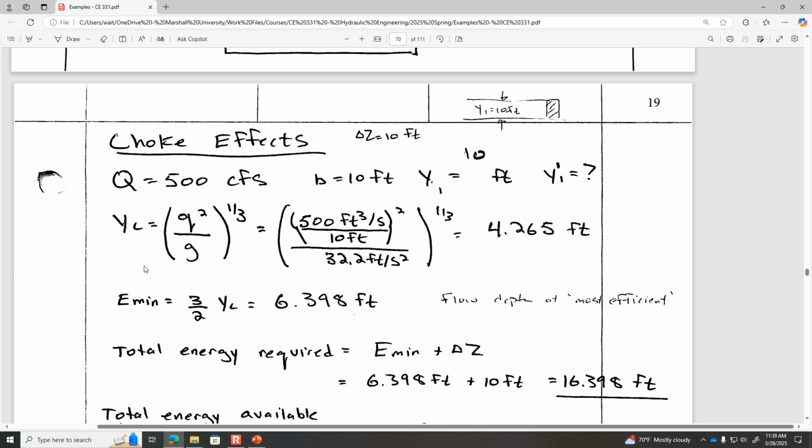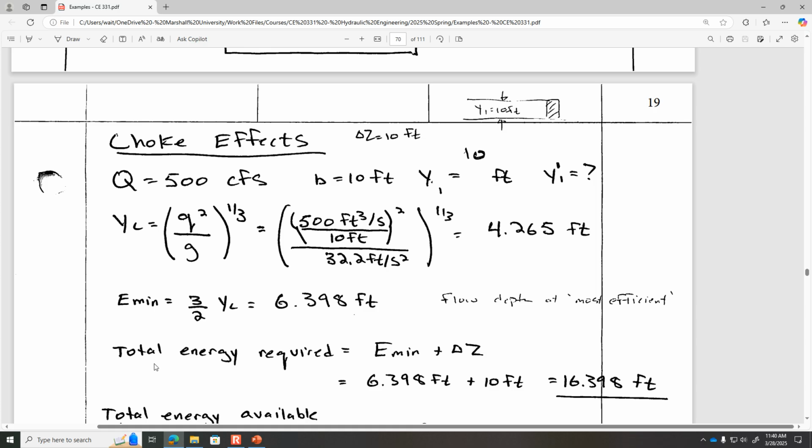So here I'm finding the critical depth is 4.265 feet. And you'll notice, by the way, since we're in traditional units here, I use 32.2 for g, because we're in feet in this example. So the minimum specific energy is 6.4 feet. So that's the specific energy that's required.